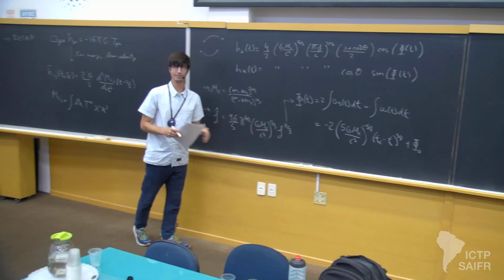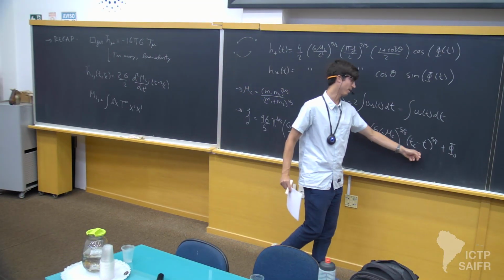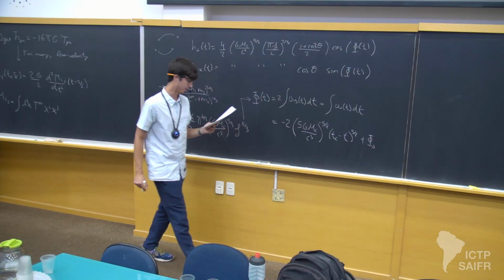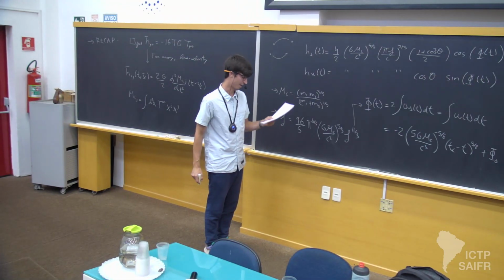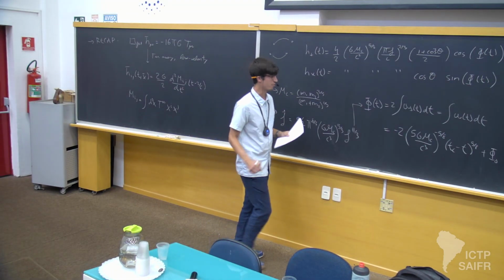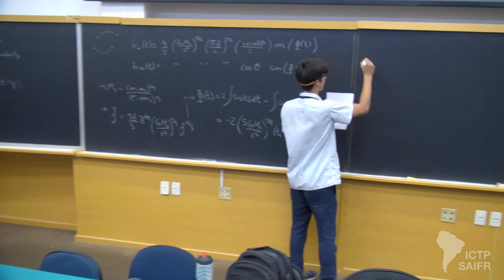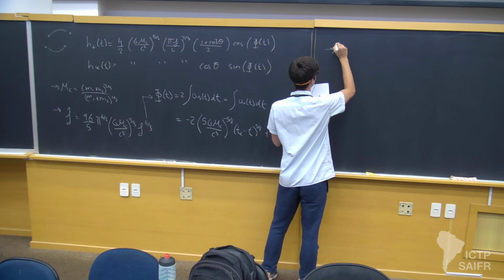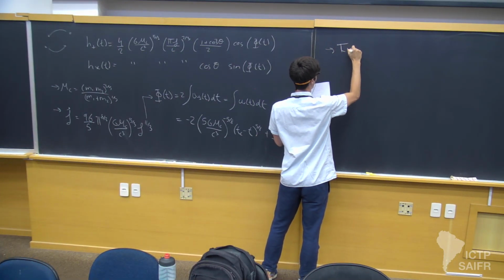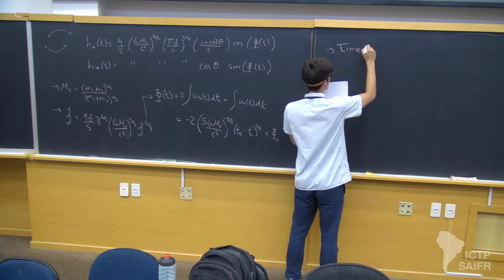So this T is the time that one has left to merger, and you can put numbers for this. This is something that I said in words, but I think it's good to have the formula as well.